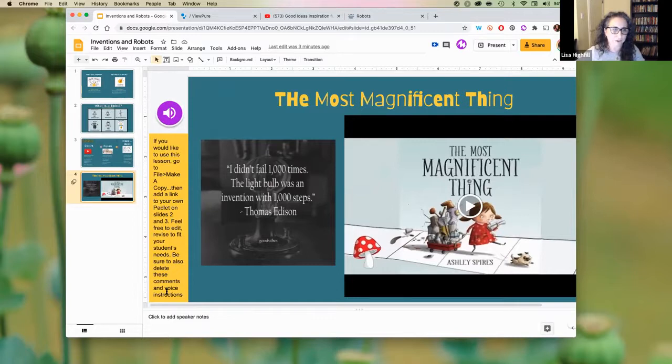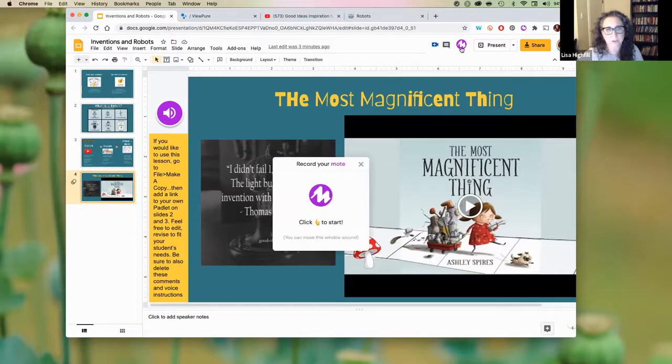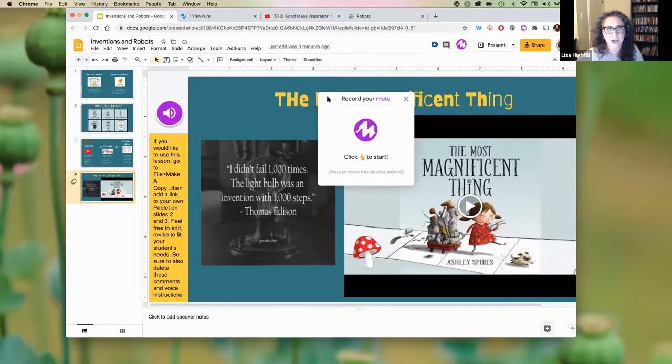I put a lot of instructions on here. I've been playing around. Rocky, I'm going to show you this now. Do you notice my voice insert is different on this slide? It's purple. I've been trying a new extension here. It's called Mote, and it's a really quick way to add audio into my slides.